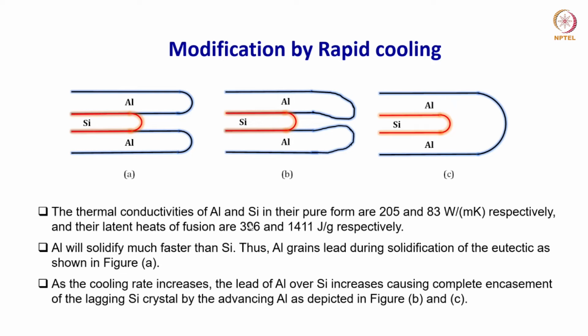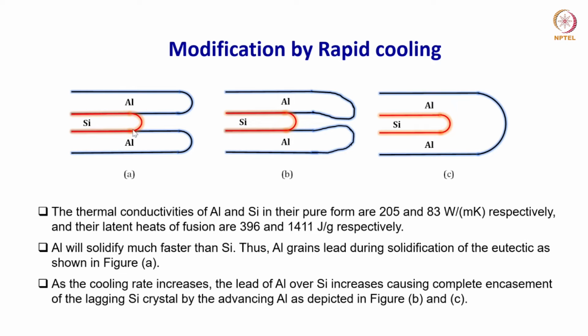So both of these combined, a higher thermal conductivity and a lower heat of fusion, will ensure that aluminium will solidify much faster compared to silicon. Okay, and therefore the aluminium grains will lead during the solidification.